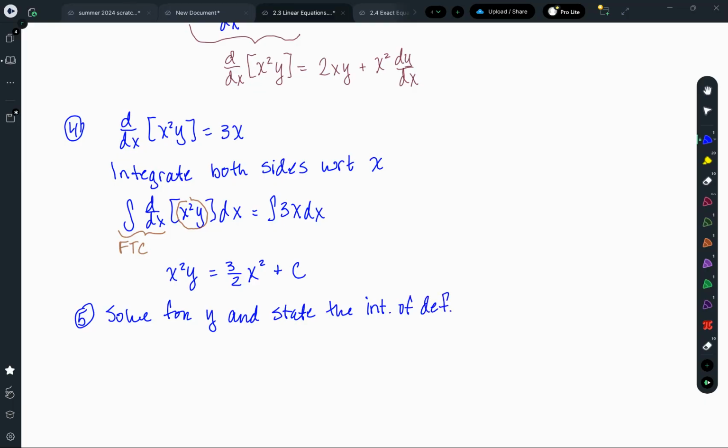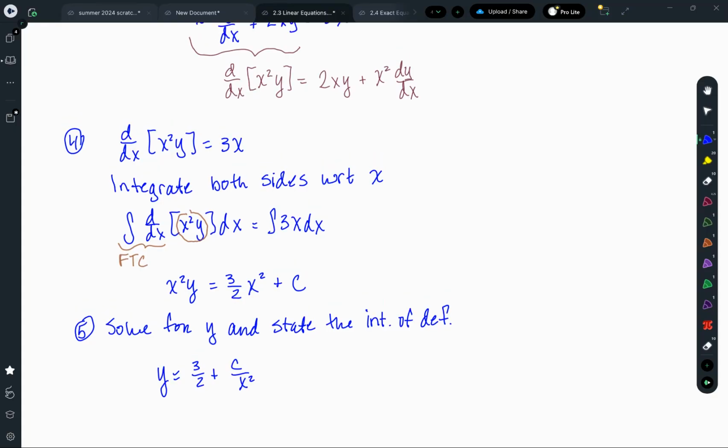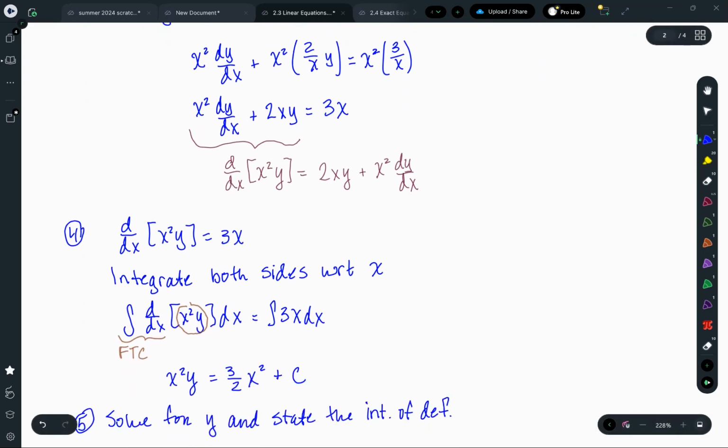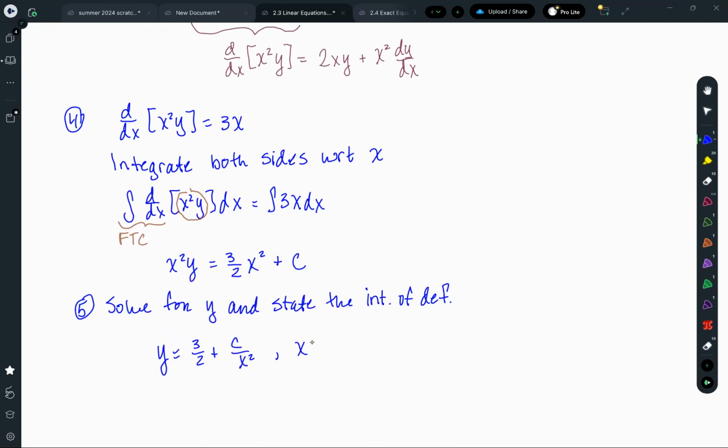Okay, so if I divide both sides by x squared, I get y is equal to 3/2 plus c over x squared. And my interval of definition from up above, I have this x is positive, so I will put in x is positive. So I've got my solution and I have my interval of definition.